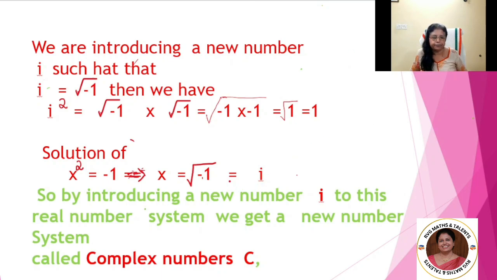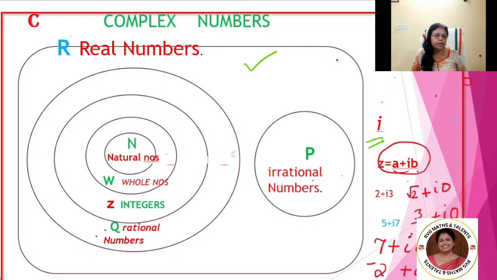By introducing this new number i, we are getting another number system called complex numbers, denoted by C. Real numbers and this i together form this complex number system.